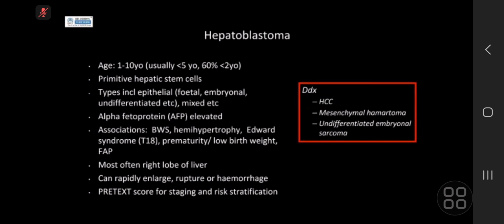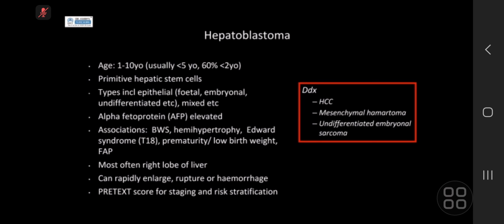The other imaging defined risk factors would be: is the caudate lobe involved, can they separate things away so as to preserve part of the liver or do you need a whole liver transplant, any extrahepatic disease, any rupture, looking for metastases, is your portal vein involved, is your hepatic vein or IVC involved. So the higher the score, with the increasing number of image-defined risk factors, with a very high or very low AFP, puts them in a high-risk category.